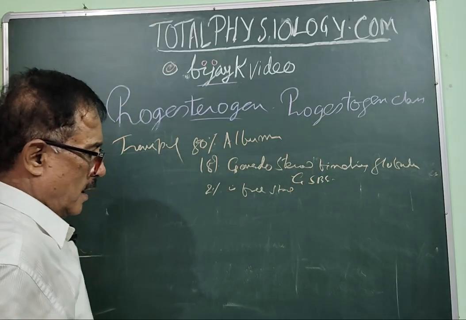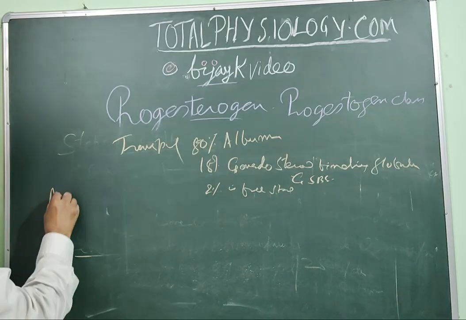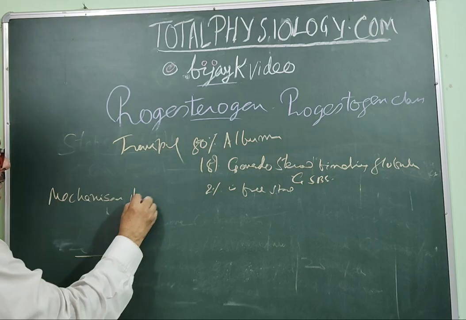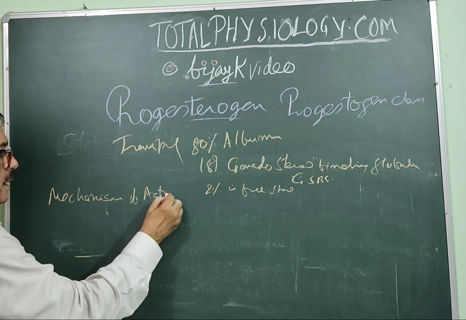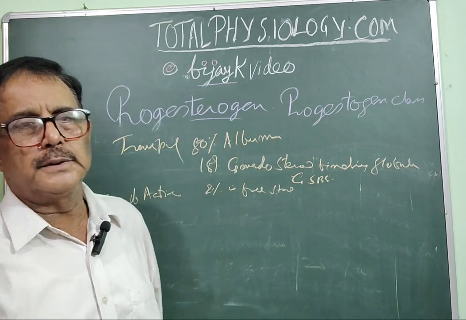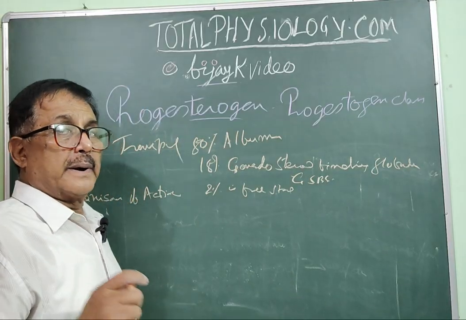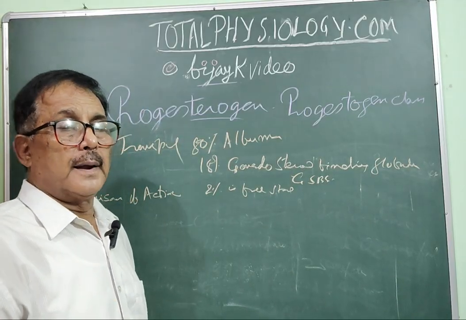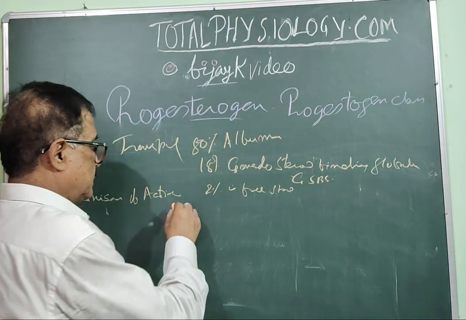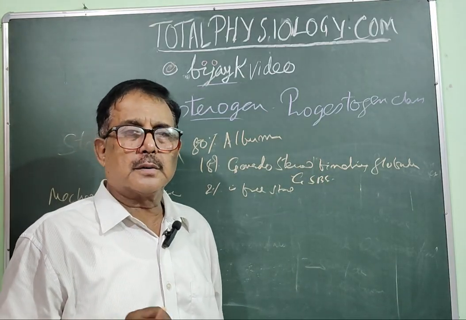Mechanism of action. It is a steroid hormone, and therefore it will enter into cells with ease. It will enter into the cells rapidly, but it will exert its effect only on cells having the progesterone receptor.